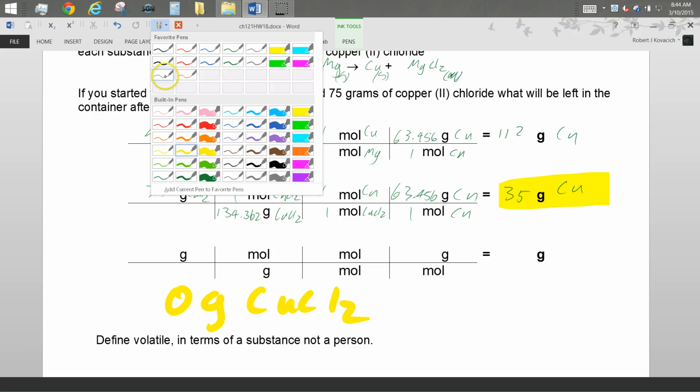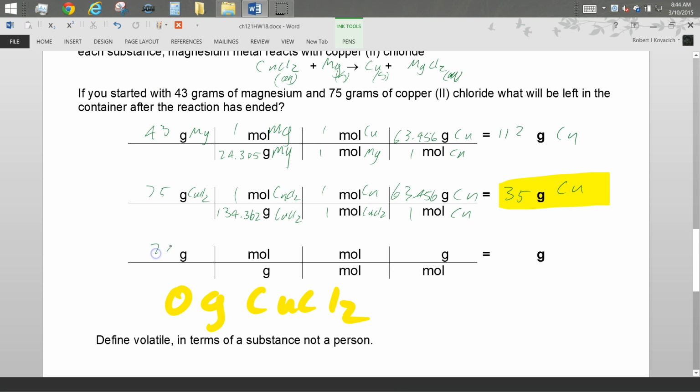So the way we're gonna do that is I'll do the exact same railroad track I just did a second ago. CuCl2, 134.362, 1 CuCl2, and then I'll go to magnesium. 1 magnesium, 24.305.